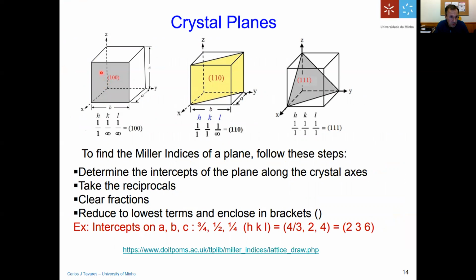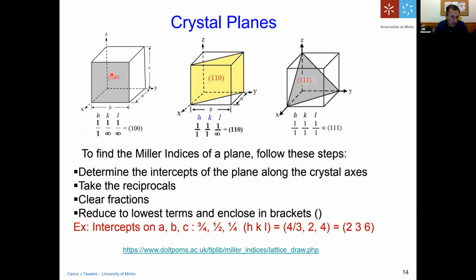For example, this gray shaded plane here on this cube intersects the x-axis at one lattice constant. This plane does not intersect the z-axis or the y-axis. If you want to find the Miller indices for this plane, you just have to take the reciprocal of the intercepts, okay?